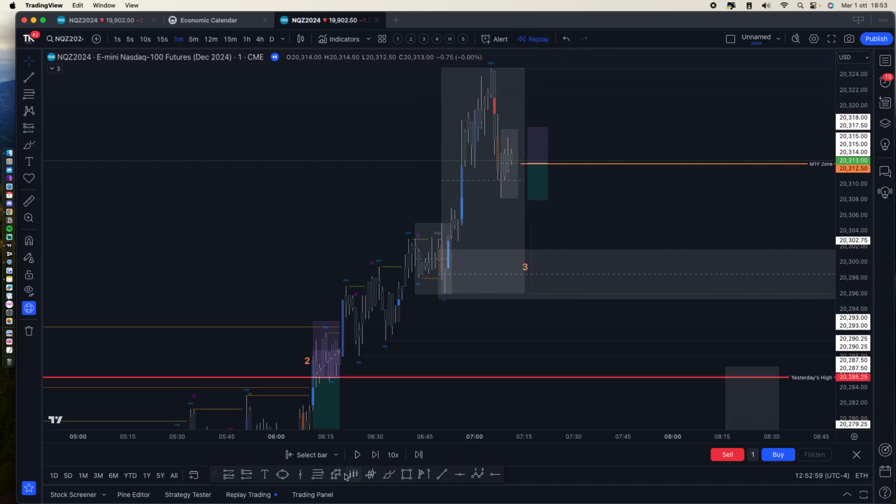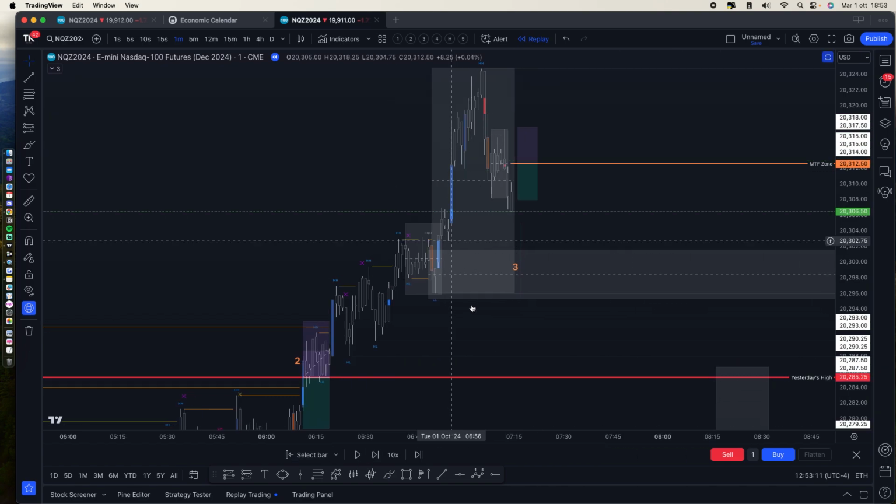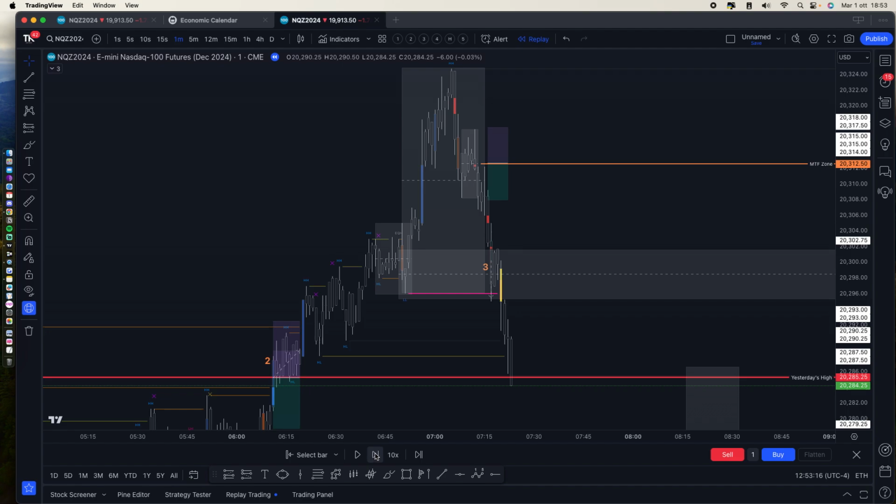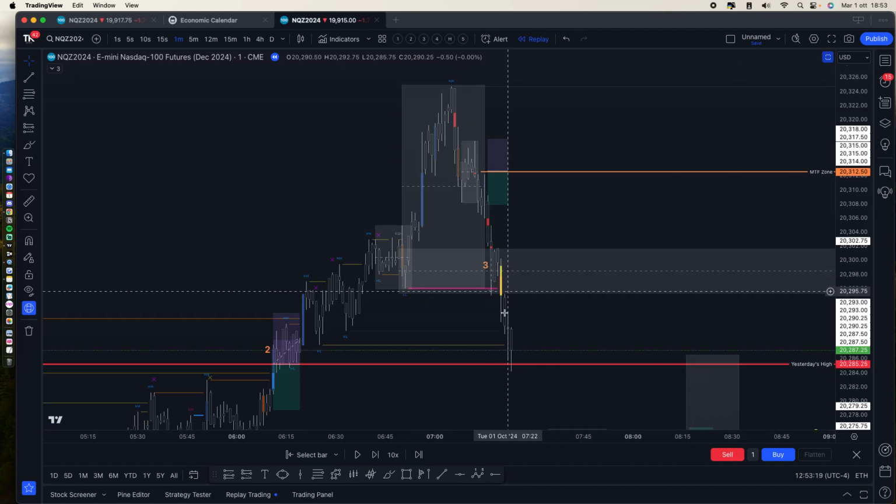We have this double manipulation, which is a very good signal, 1 and 2. So this will be the zone, and to be honest, I was pretty much sure, I was confident for this trade.